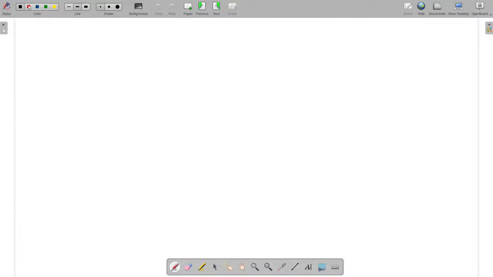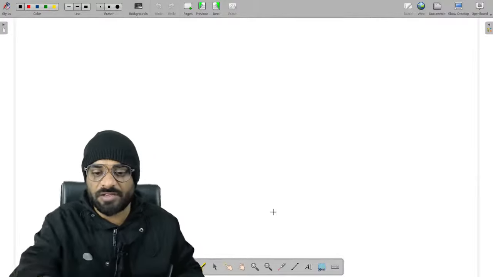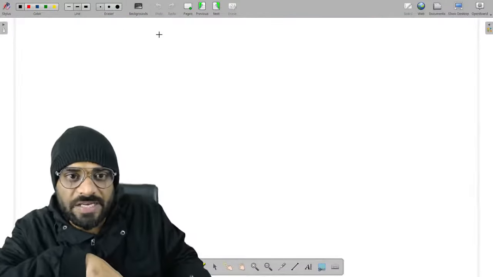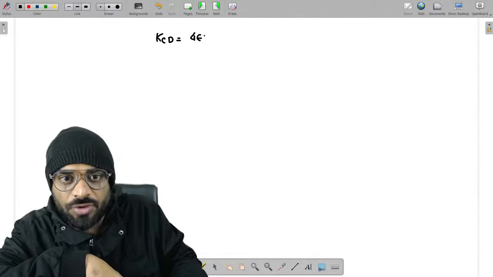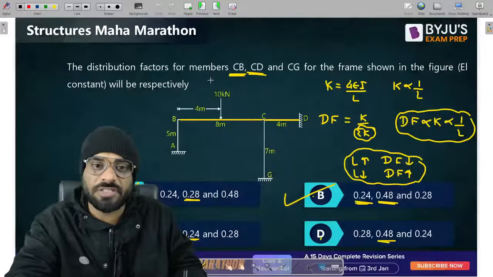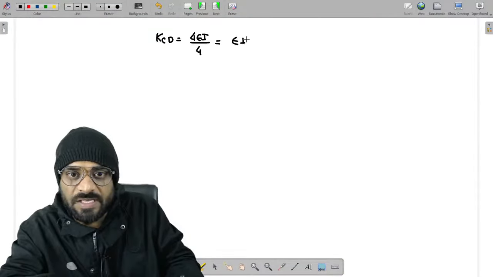By using the formula, let me solve this problem. Now you know, guys, what is our distribution factor? So first I will write the stiffness for CD member. It should be 4EI by L. L is equal to how much for CD? It is 4 meter. So this stiffness is EI.